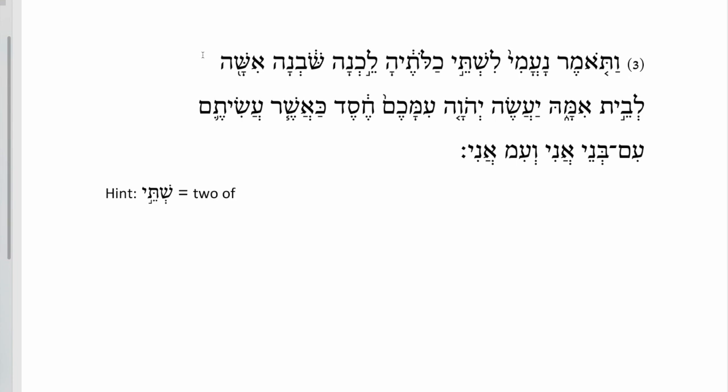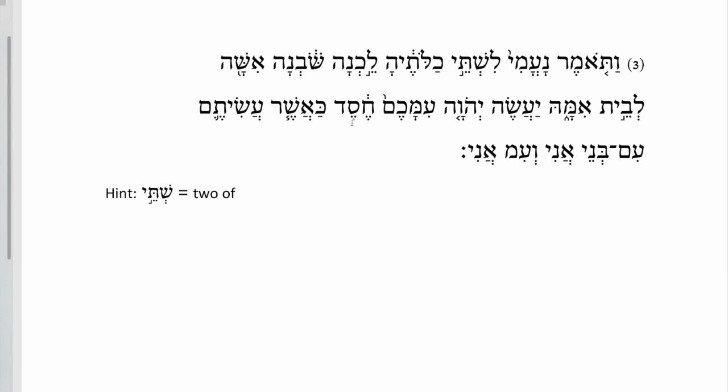Now, Isha means woman. If ish meaning man or Isha meaning woman, if they don't make sense in context, the thing to do with them is to turn them into the English word each. So this would mean a woman to the house of her mother, and that's how it actually works in Hebrew. Like, if they're saying each person gets one, they would say a man gets one. That's the way you'd say that in Hebrew.